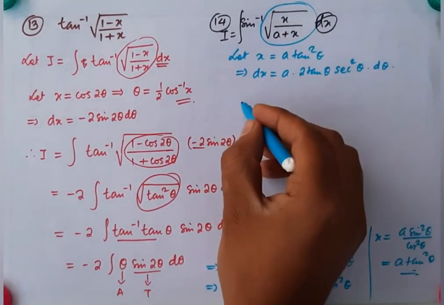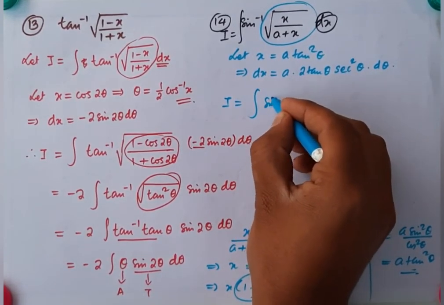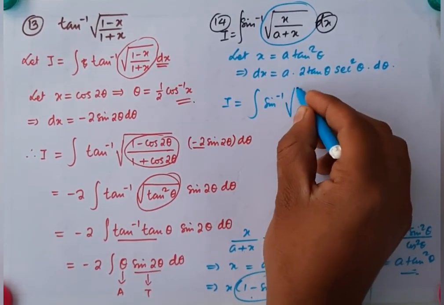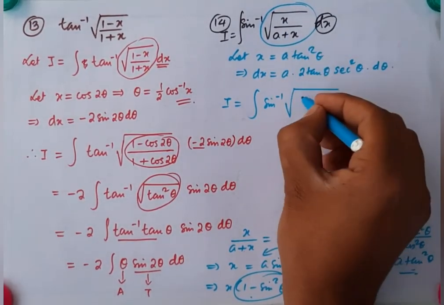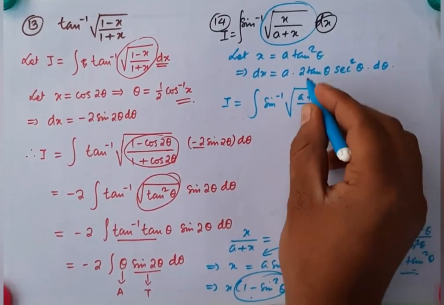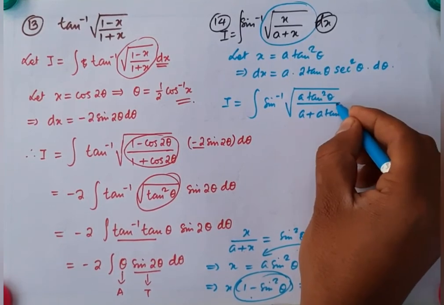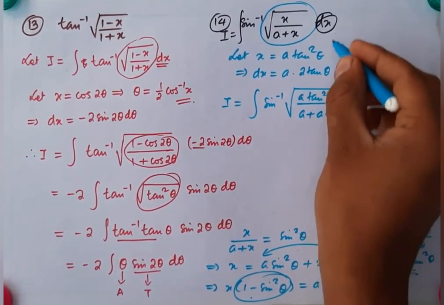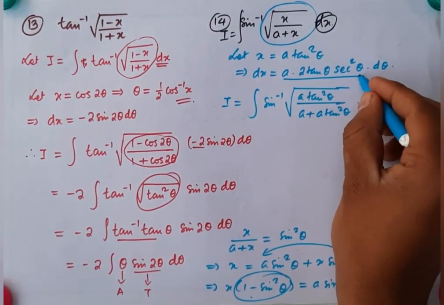Now go back to our work. So I is equal to sine inverse. Now substitute the value of x to be a tan square theta. So we have a plus a tan square theta into dx, and this entire thing is my dx.